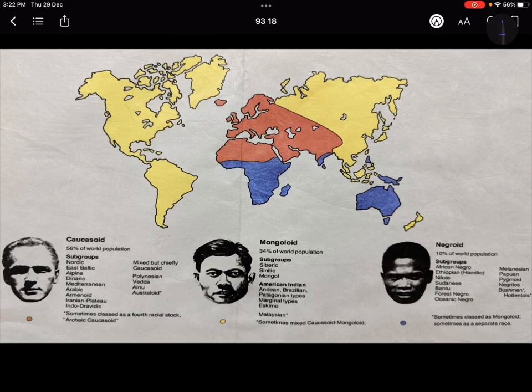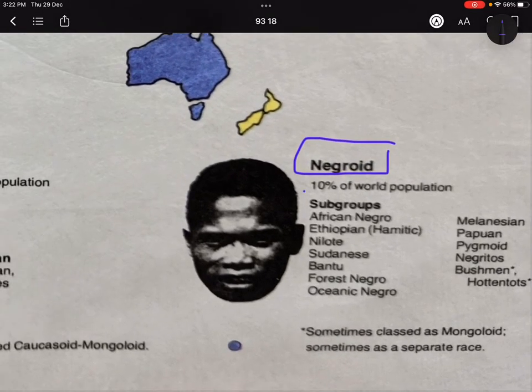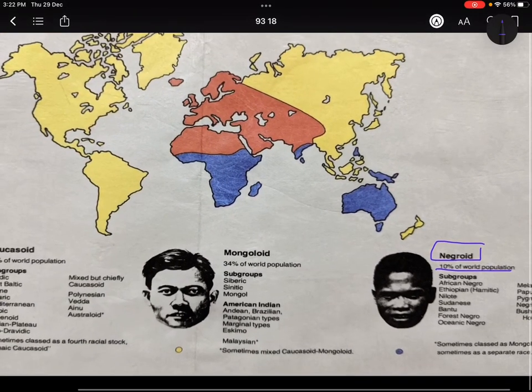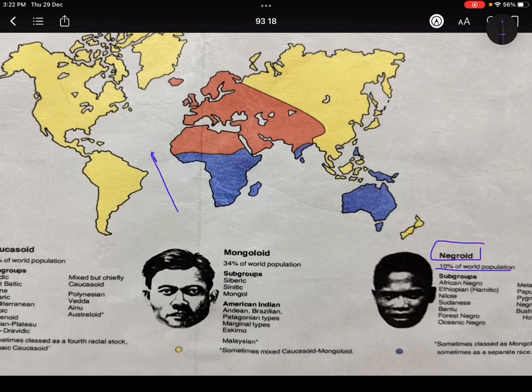So today's topic is Negroid. Approximately 10% of the world population is Negroid, okay, and as you can see, the location is the southern part of Africa as well as the Polynesian and the Australian subcontinent.